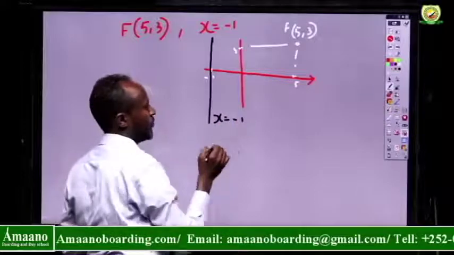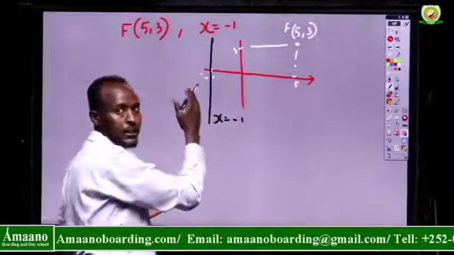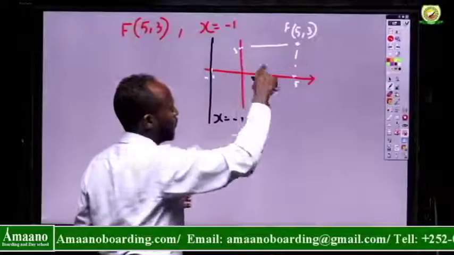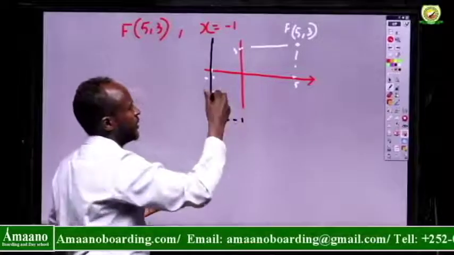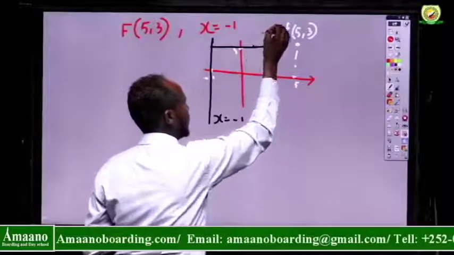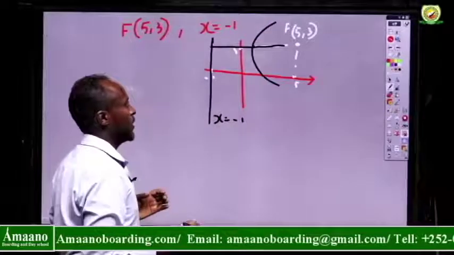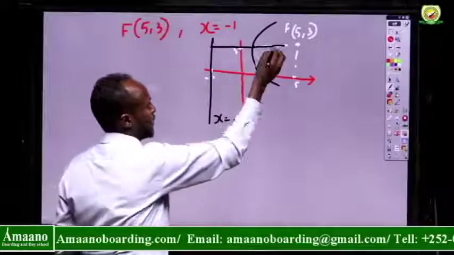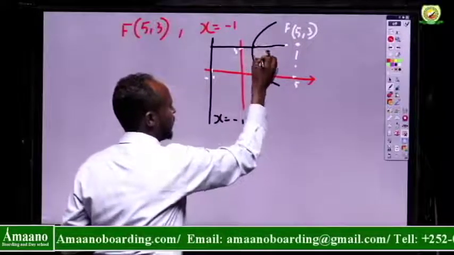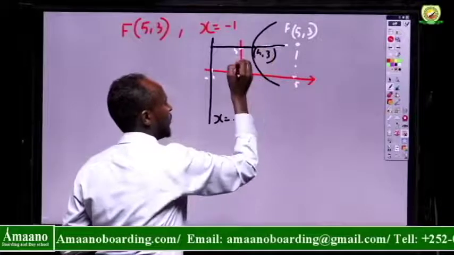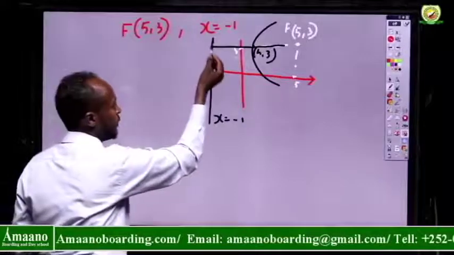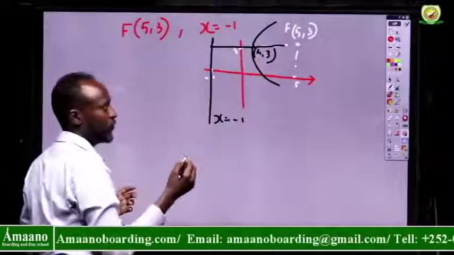The directrix is x equals -1. Therefore, if the directrix is this way, then our parabola will open to the right side. Somewhere here will be our vertex. Therefore, for the coordinates of the vertex, it is obvious that y will always be 3. You have 3 as k, but we don't have the value of h. To find the value of h, we simply find the distance between the directrix and the focus.